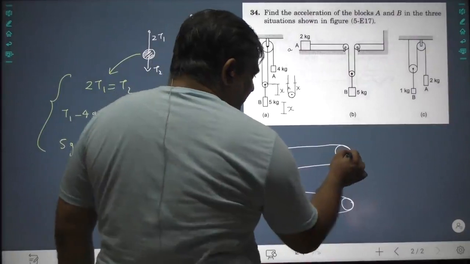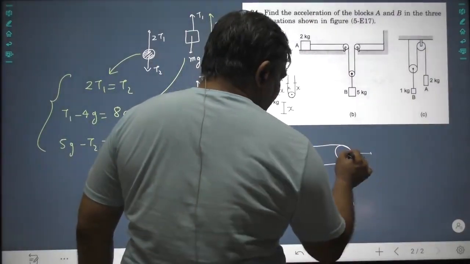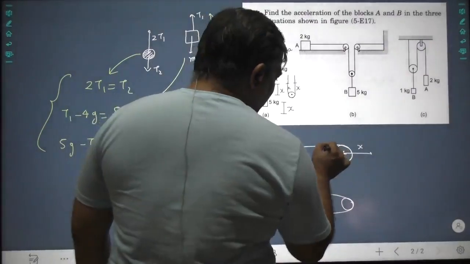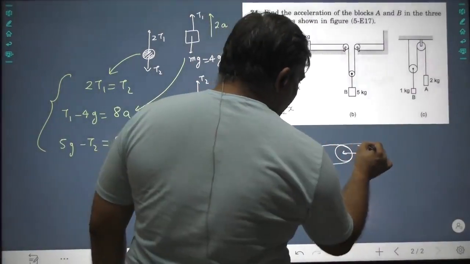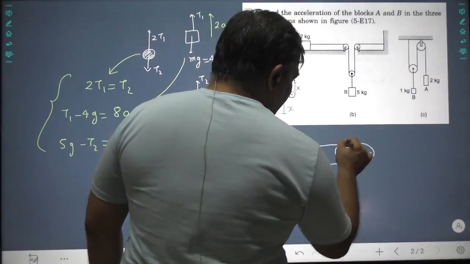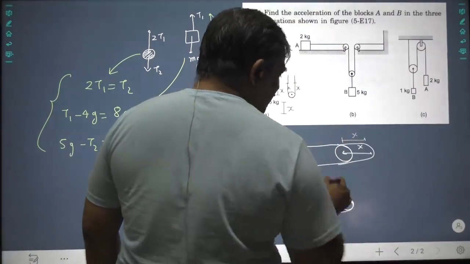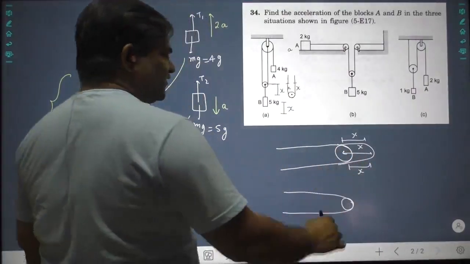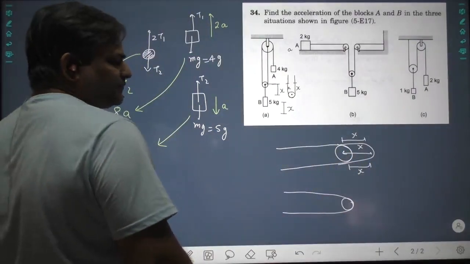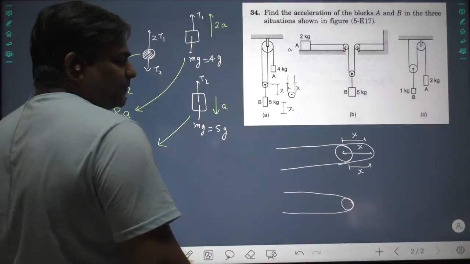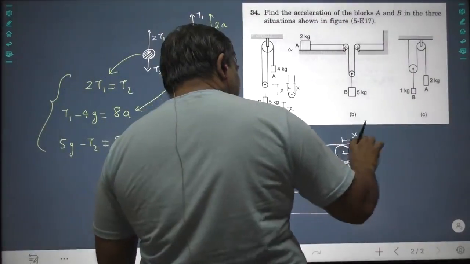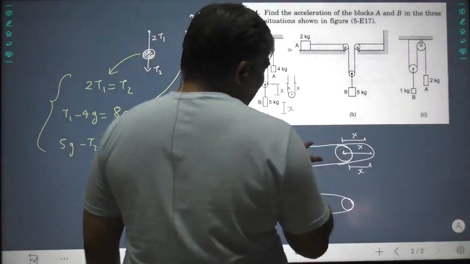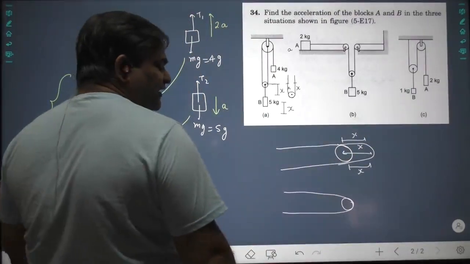If I move the pulley forward by x unit, then here I need x more units, and here also I need x unit of string length. So to move it distance x, I need 2x length of string. Is this thing clear?